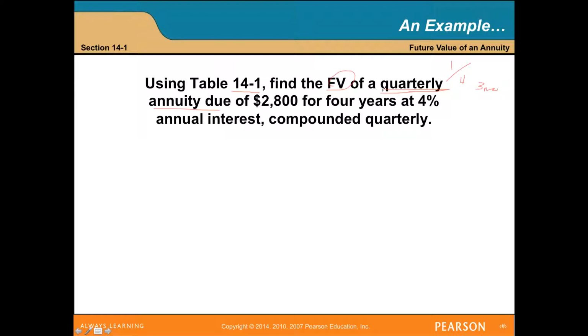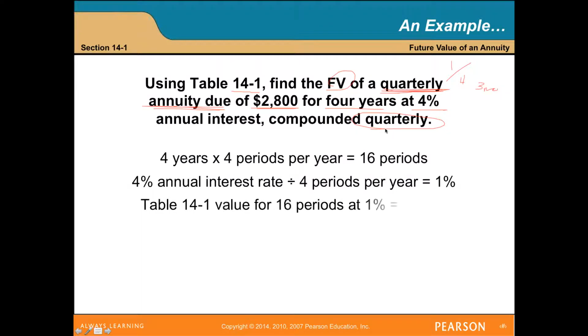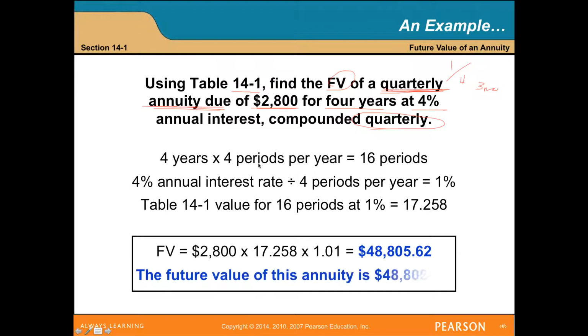Find the future value of a quarterly annuity due, so it's annuity due, not an ordinary annuity, of $2,800 for 4 years at 4% annual interest compounded quarterly. So now we have 4 years times 4 periods per year, which equals 16 periods total.